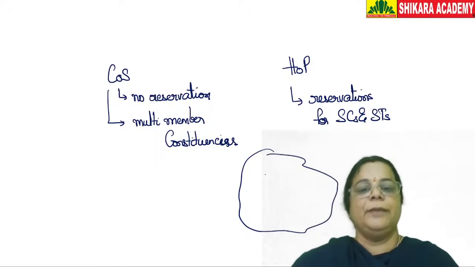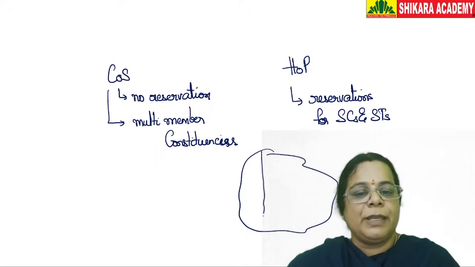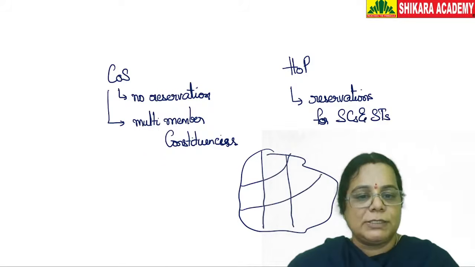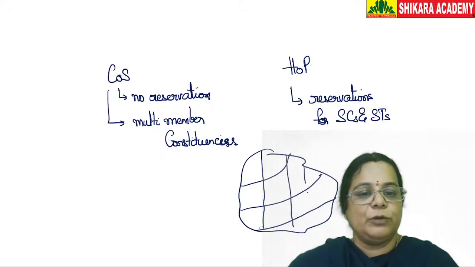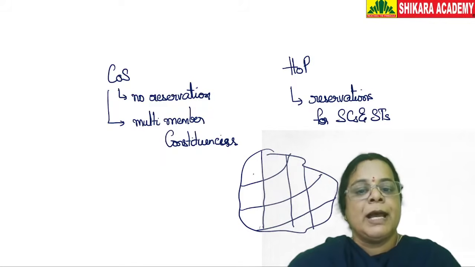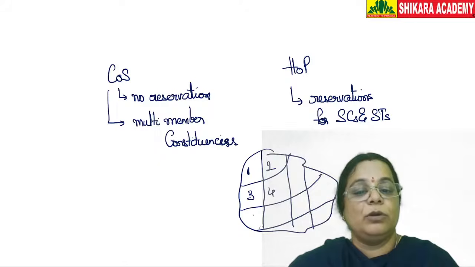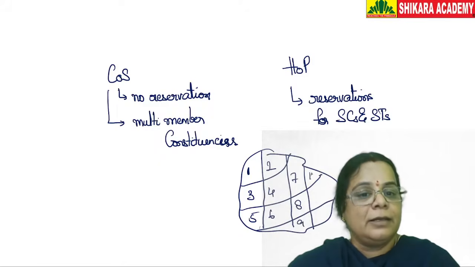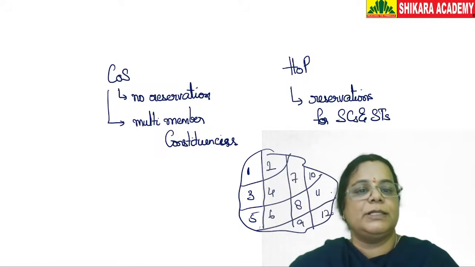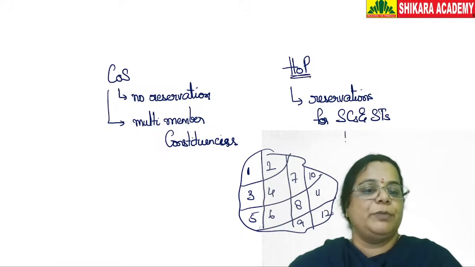If you ask me what is my constituency, as an MP of Lok Sabha, I'll say this is my constituency. So you have 1, 2, 3, 4, 5, 6, 7, 8, 9, 10, 11, 12 constituencies for the House of the People.